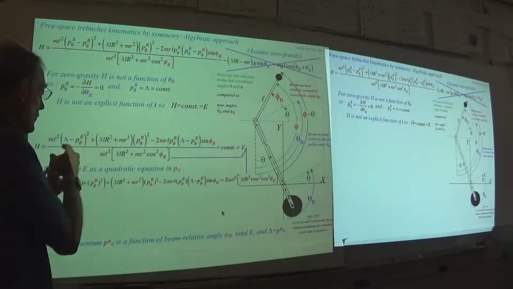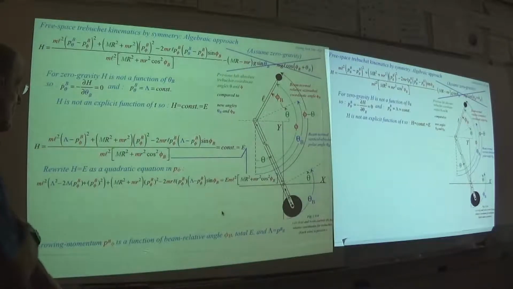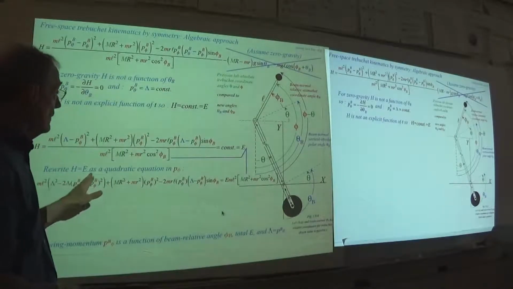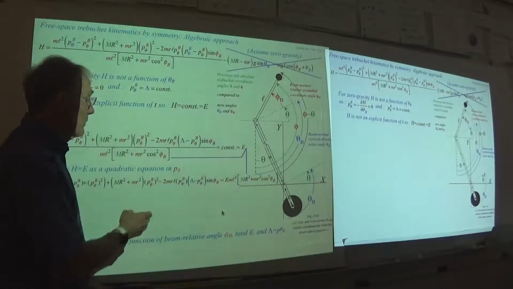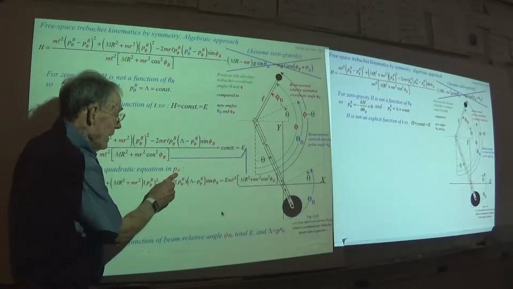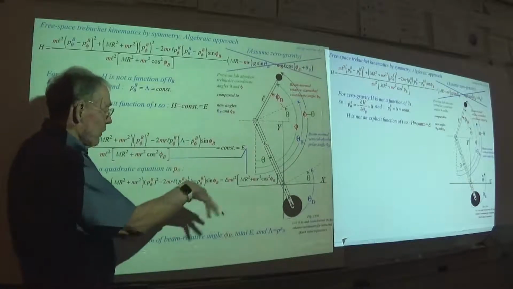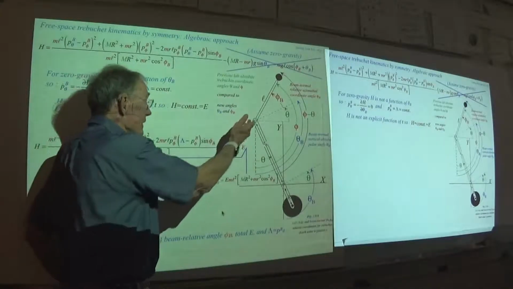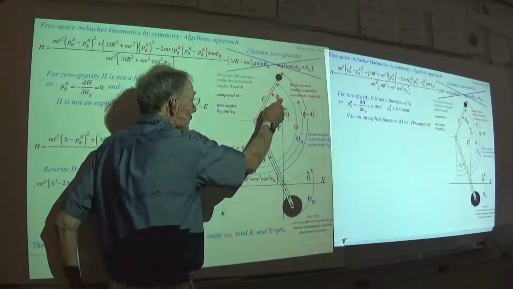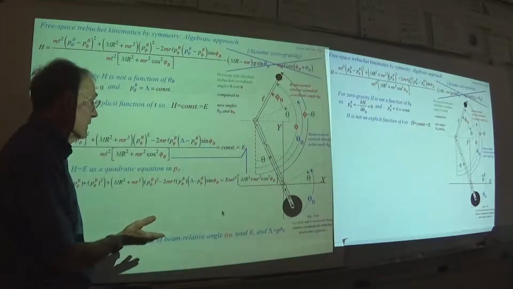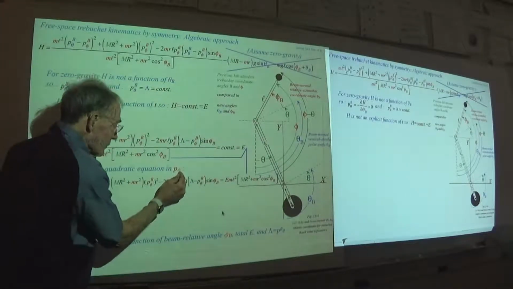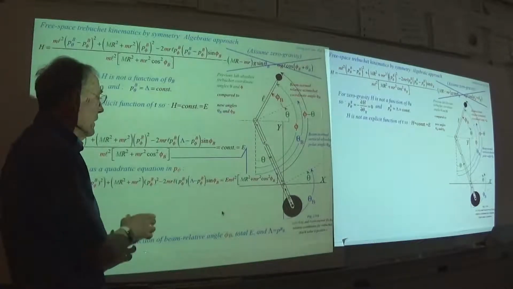We've got to work this thing back and solve it by quadratic equations. So we're going to rewrite this as a quadratic equation in the angular momentum of the throwing beam, the phi here. We really mean phi b, because that's the system we're working in right now. We'll go and write a b on this thing.